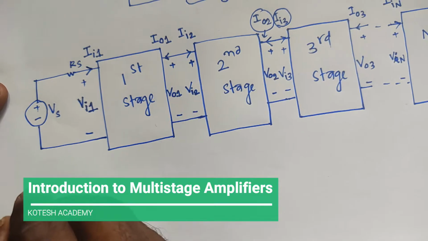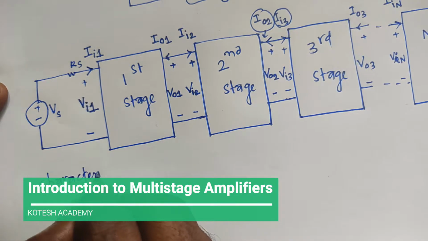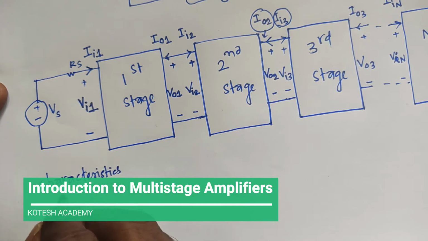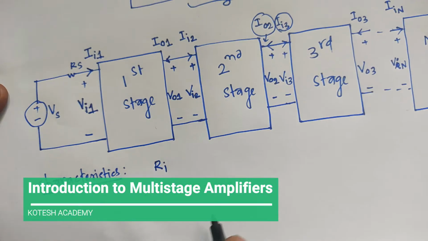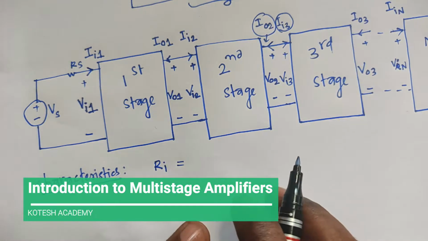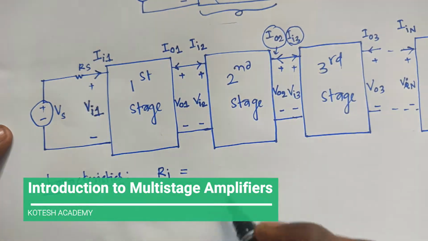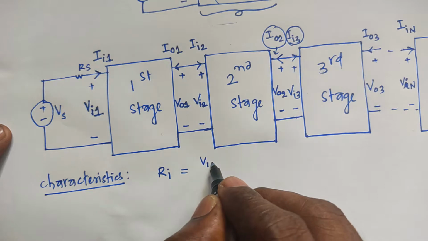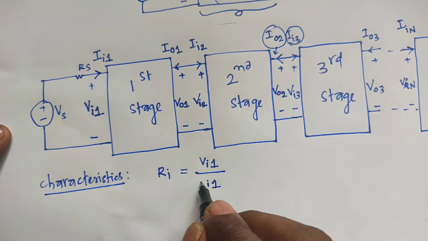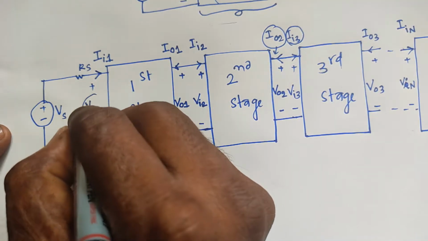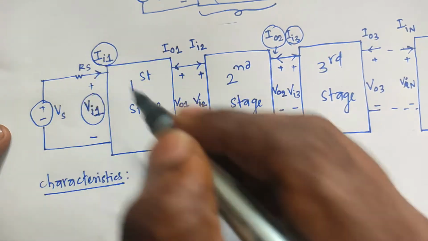Generally the characteristics are, first, the input impedance Ri. For the entire basic block diagram, the input impedance is the first stage input voltage Vi1 divided by the first stage input current Ii1.